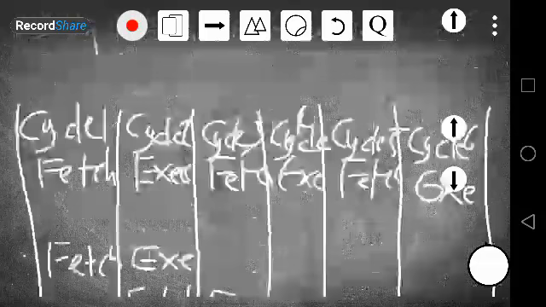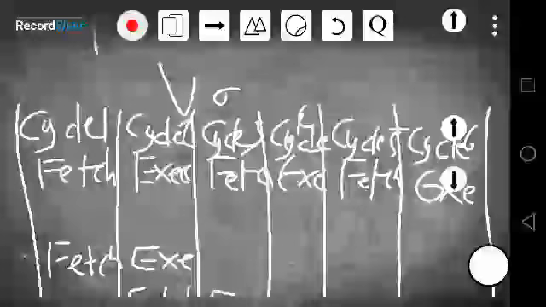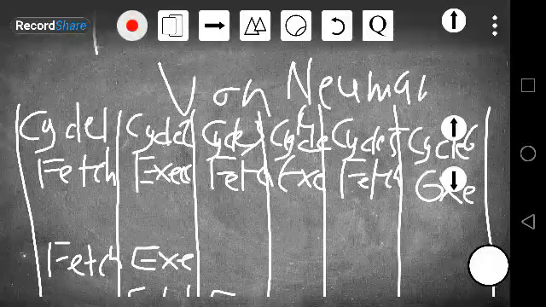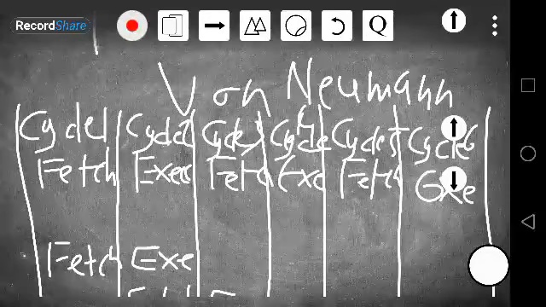Now the von Neumann, which is the first one, in cycle 1 it fetches, cycle 2 it executes, meaning to say 1 instruction is done. Then in cycle 3 it fetches, cycle 4 you execute, cycle 5 you fetch, cycle 6 you execute. So in about 6 CPU cycles, von Neumann will have processed approximately 3 instructions.